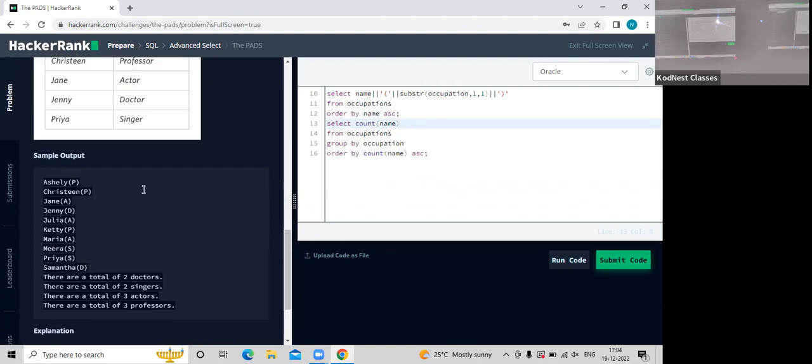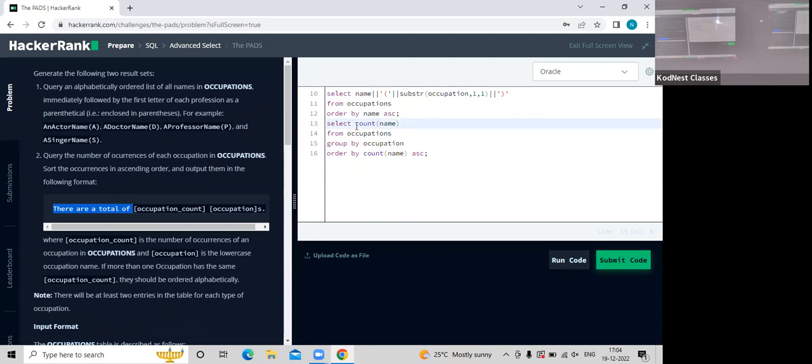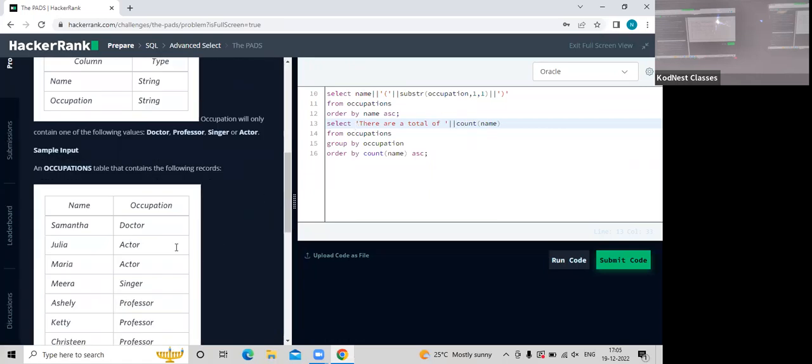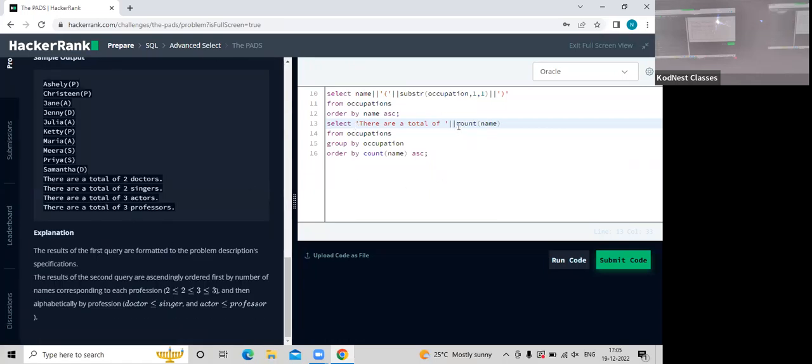There is a total of, so I will tell within quotes, let us concat this with the count, which means here I should be having a space, this concat with the count.